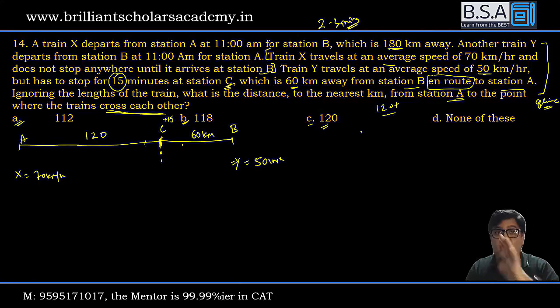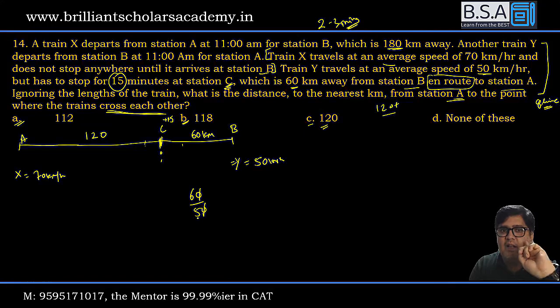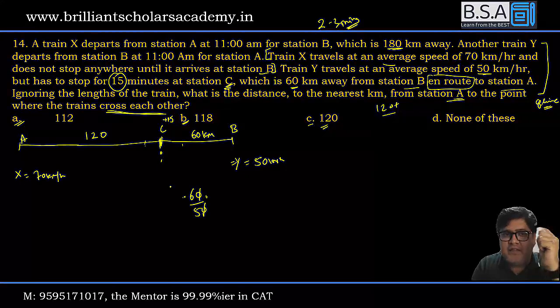So I want to solve this for you. I want to know by the time this train comes to C, what is the time? Distance is 60 kilometers divided by 50. This is the amount of time taken for this train to arrive at C. I want to know in this much time, where is the other train?